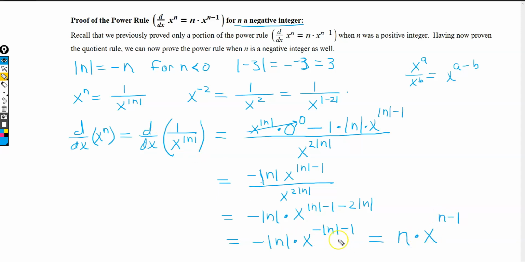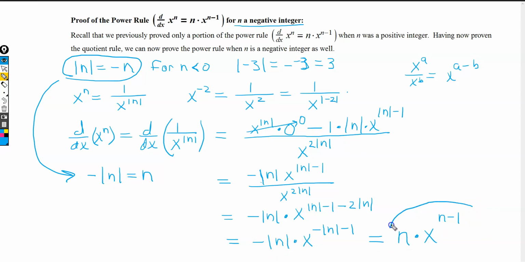Just to note that, go up here and notice up here that we have this rule, right? And that can actually be rewritten as negative absolute value n equals n, right? Okay, so we replace the negative absolute value n with n, and we get, well, that looks exactly like the power rule. And remember, n is now a negative integer.